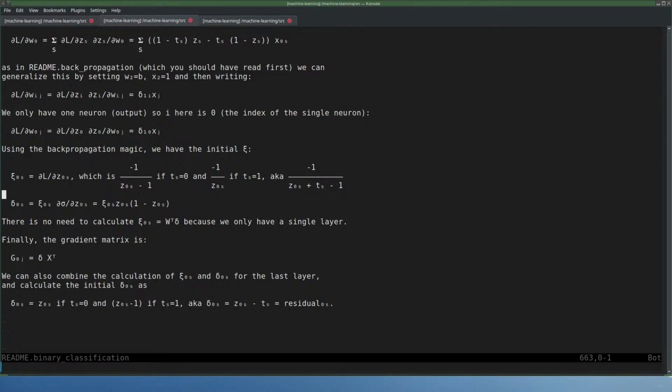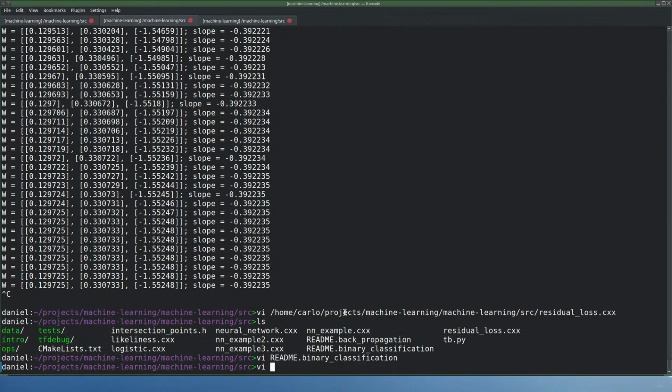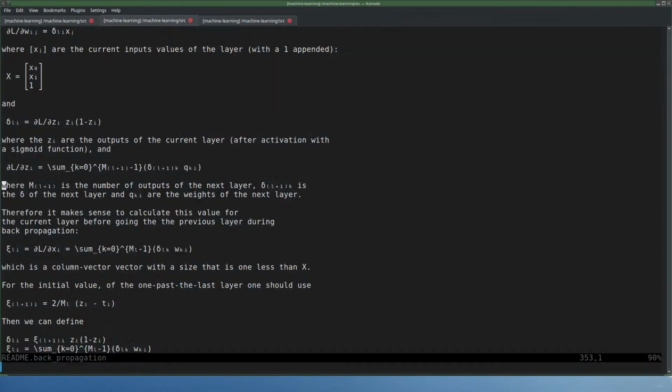You know, the real story is evolving three-dimensional tensors, even with a single neuron, and it seems like a kind of a waste because most of those tensors are then 0. So I reduced the dimensions of stuff and then ended up with the Xi and the delta trick, and that's described in the README backpropagation.